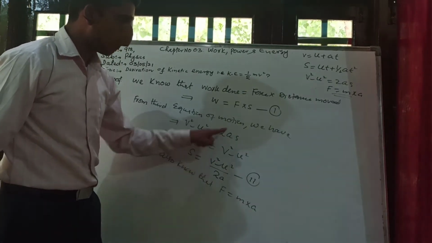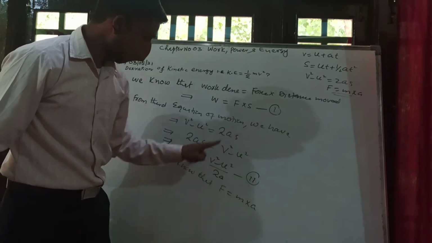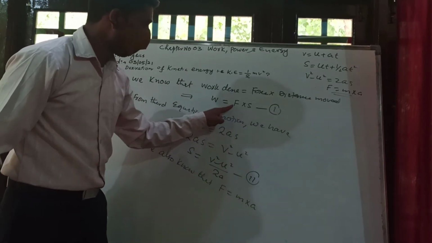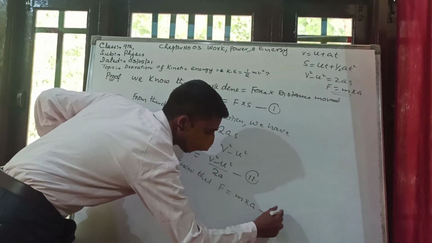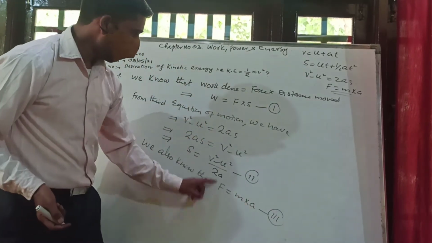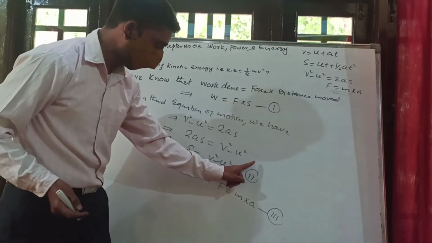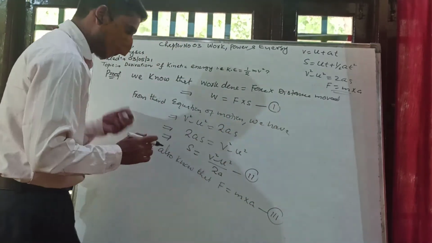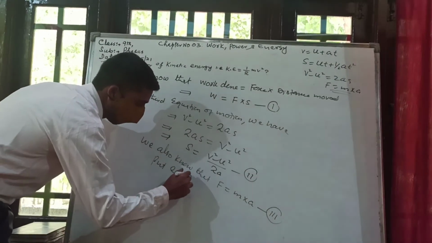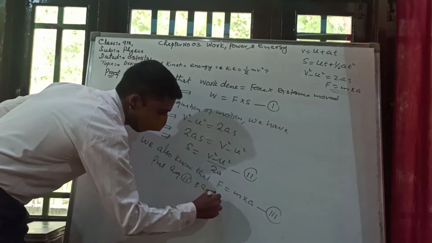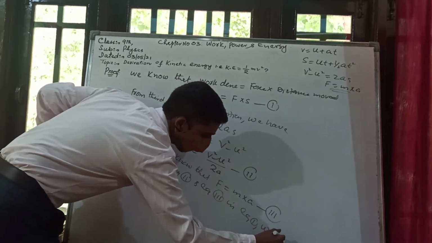We will name this equation third. Now F is equal to m into a, and s is equal to this. We will put equation second and equation third in equation first.